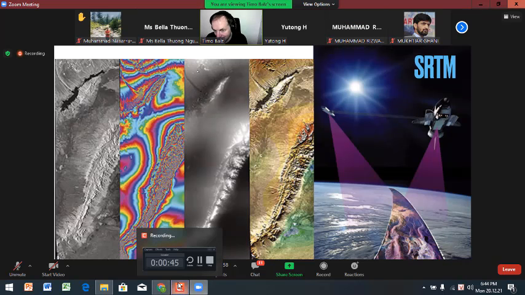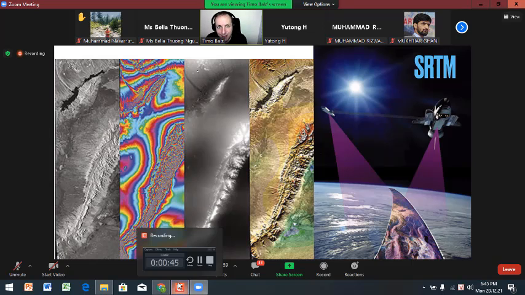Now, when we are measuring a DEM, we can fix that by taking measurements at the same time, like in the SRTM, for example. We have the transmitting antenna in the shuttle, a receiving antenna in the shuttle, and another receiving antenna outside of the shuttle. If we're taking the measurements at the same time, we have very little temporal decorrelation.